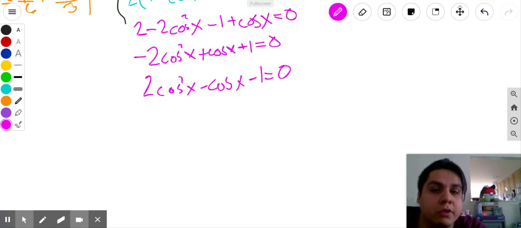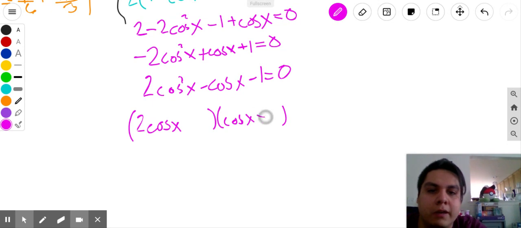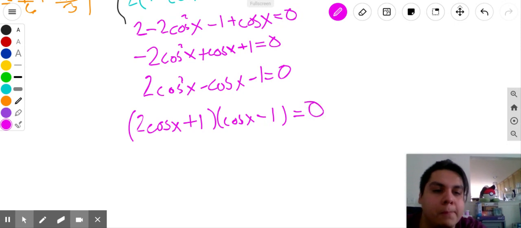Typically, you will do U substitution, but if you do enough factoring, you can kind of skip that step, like I'm doing right here. So I need a negative 1 here, I need a positive 1 there, because if I multiply that out, it should work out.